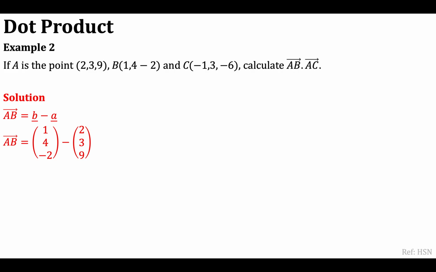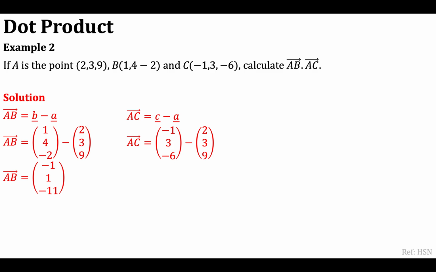That means the vector AB is equal to negative 1, 1, negative 11. Now for vector AC, and that's equal to position vector C minus position vector A. And that's negative 1, 3, negative 6 minus 2, 3, 9. Giving us vector AC, negative 3, 0, negative 15.